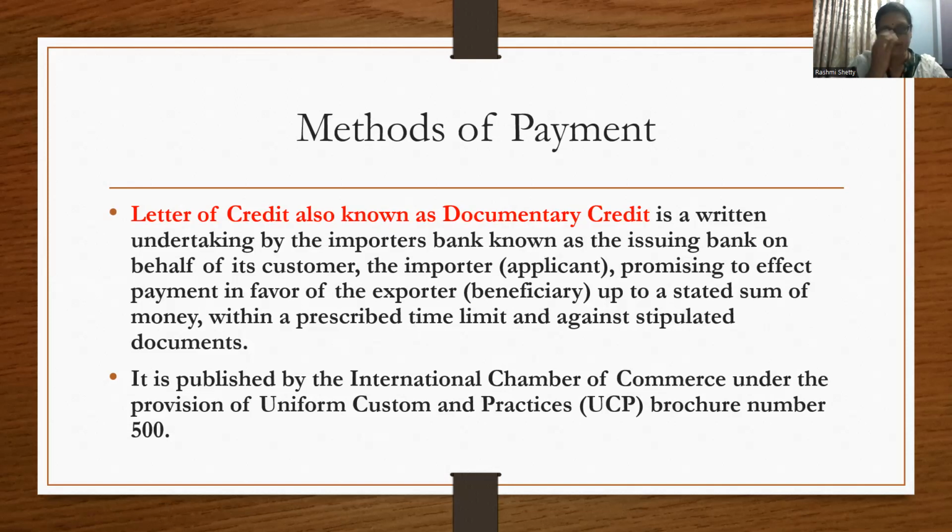In this case, the importer will get a credit period, but the exporter will get a guarantee from the importer's bank. The importer's bank will give a written undertaking that if the bill is submitted, the importer's bank will make the payment.